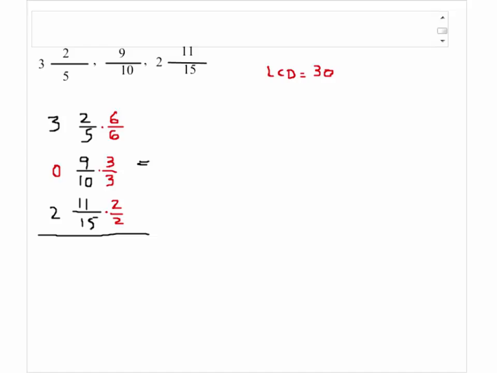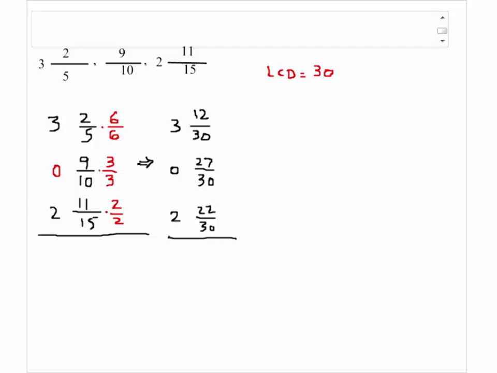So we would get these numbers to be 3 and 12 over 30. And here the whole number is 0, would be 27 over 30. And here we have 22 over 30.